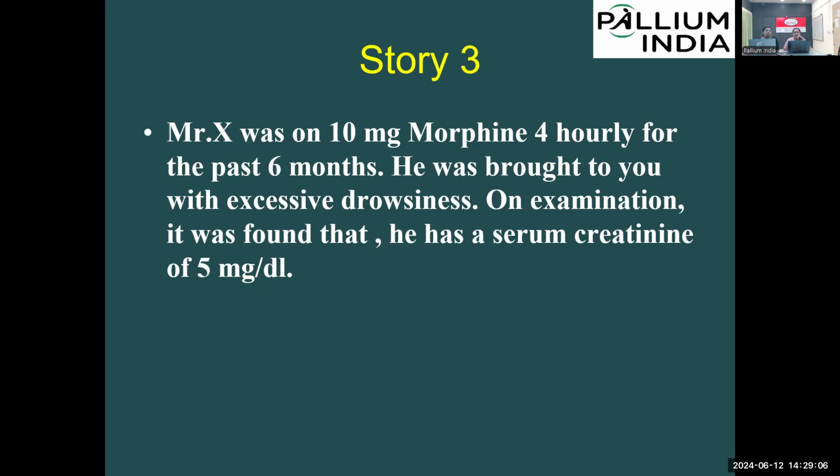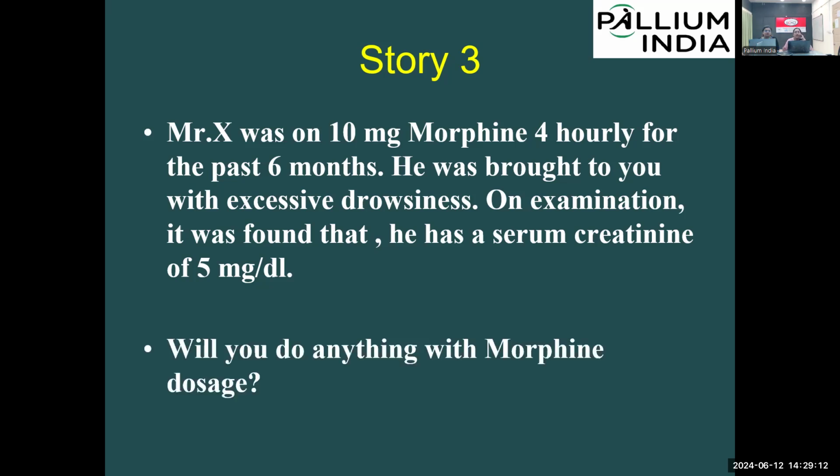On examination, we found that his serum creatinine was 5 milligram per deciliter. Do we have to do anything with the morphine dosage? Or what would be our next step for such a patient who presents with excessive drowsiness and serum creatinine of 5 milligram per deciliter?